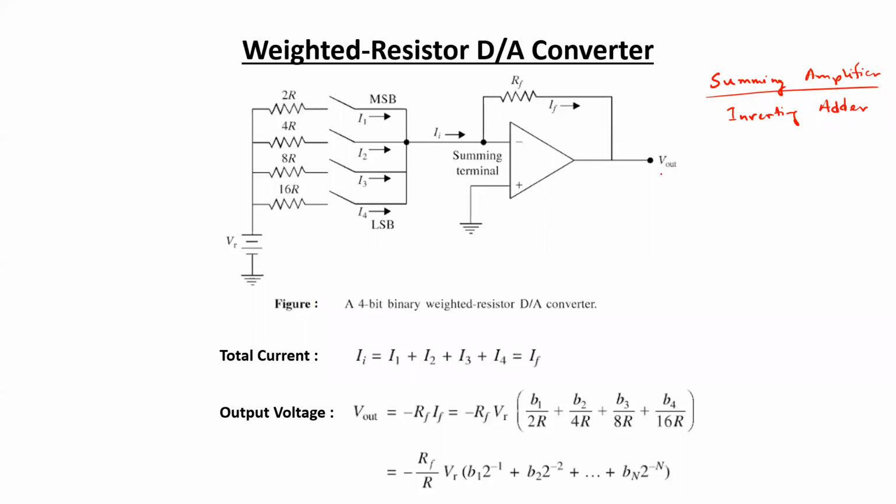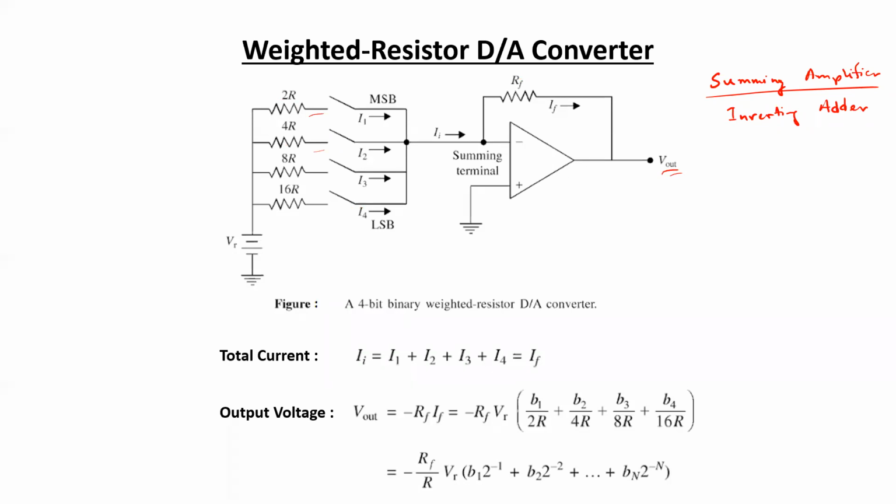Because at the output side, you are supposed to get the summation of the voltage drops across all these branches. In that sense, this sort of circuit is often referred to as an inverting adder, and it can also amplify the output voltage depending upon the values of the feedback resistance and the input resistance of all the different branches.